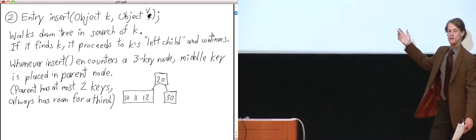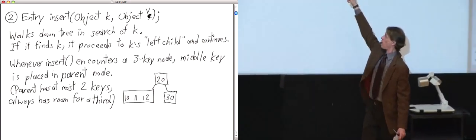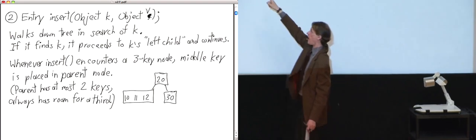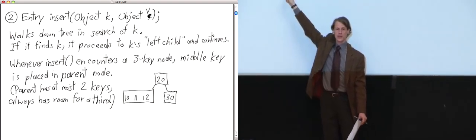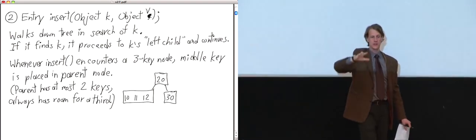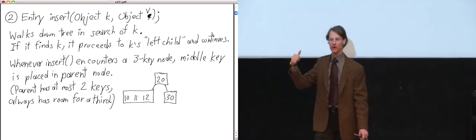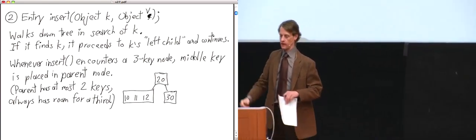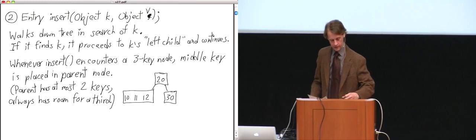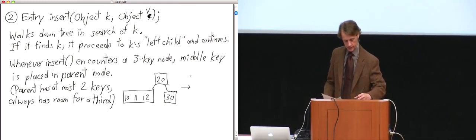So maybe I want to insert 13 or something, and so I'm walking down this tree and I reach this 3-key node. Whenever insert is walking down the tree and hits a 3-key node, it always takes the middle key and moves it up into the parent. And so that 11 is going to move up beside the 20.